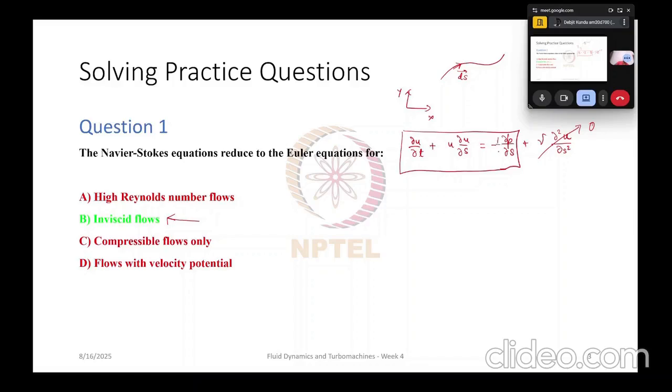I'm sorry, there should be a 1 by rho over here: minus 1 by rho del p by del s. So it is in case of inviscid flows that Navier-Stokes equations can be reduced down into Euler's equations.